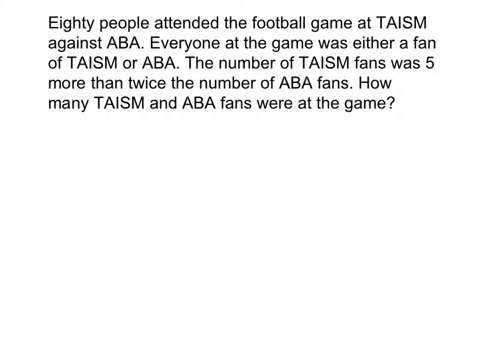Before we get into writing the equations in order to solve this, first we have to understand the premise of the problem. And that can be interpreted through looking at the question. The question asks how many Taysom and ABA fans were at the game. This gives us what our unknowns should be.